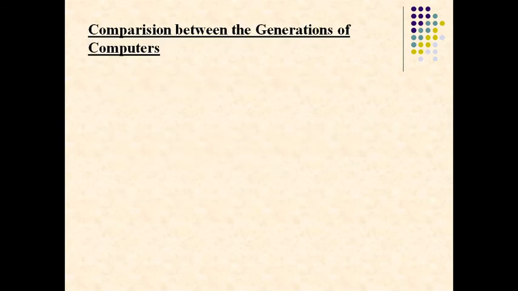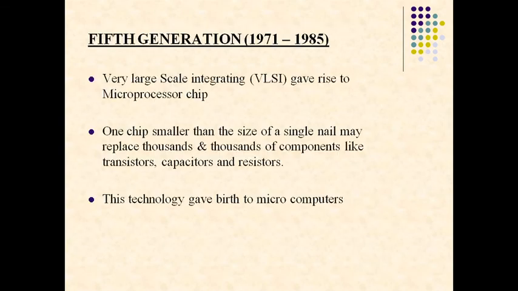So what are fifth generation computers? That is from 1971 to 1985. Here, very large scale integration, VLSI, gave rise to the microprocessor chip.